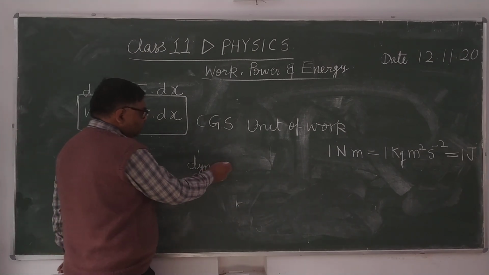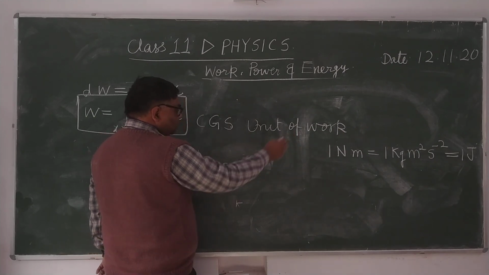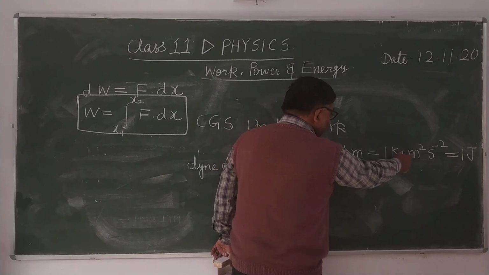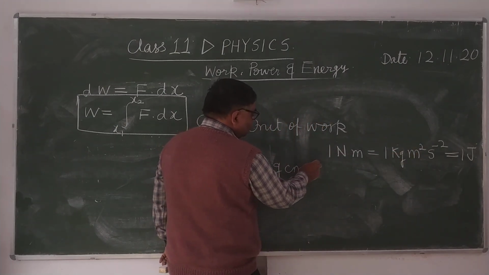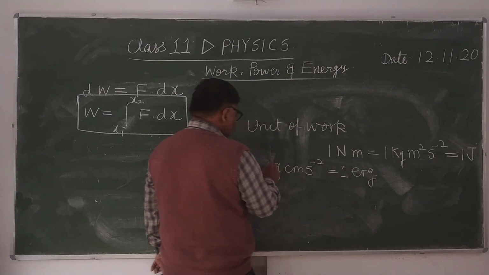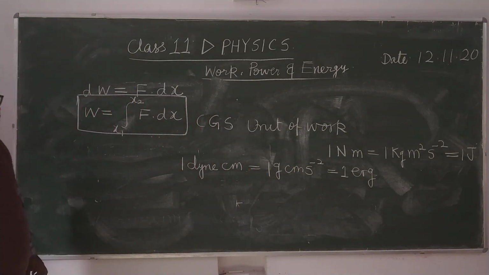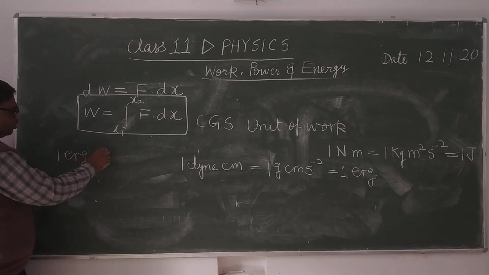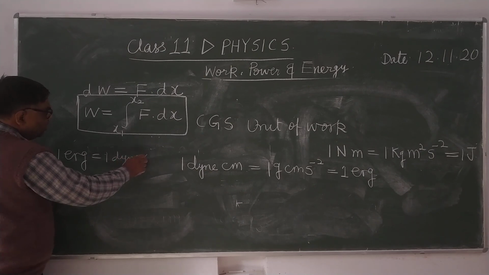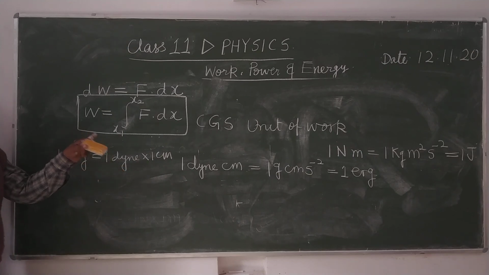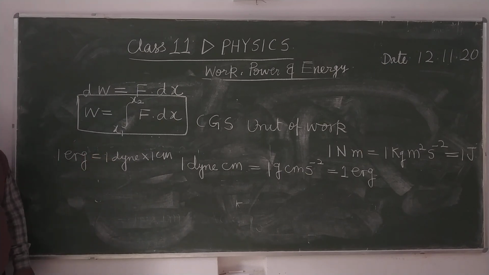It is dyne. Dyne is gram centimeter per second square. 1 erg equals 1 dyne into 1 centimeter. Means if a force of 1 dyne displaces the body in the direction of force by 1 centimeter, work is said to be 1 erg.